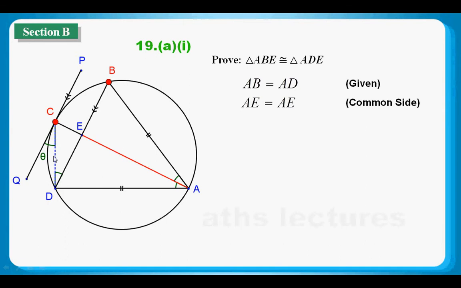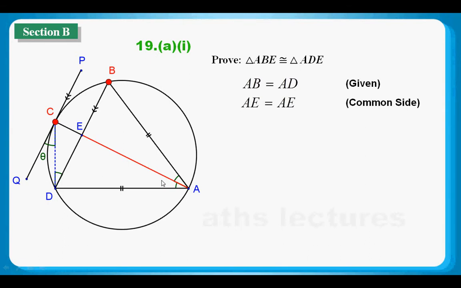Why do we need to do so? Connect C and D, we will firstly have to use the angles in the alternate segment. Now, if I say the chord-tangent angle is theta, then I have an angle at the circumference which is theta too at point A, as shown by my arrow.